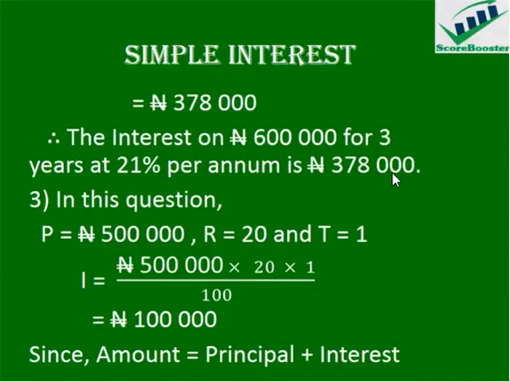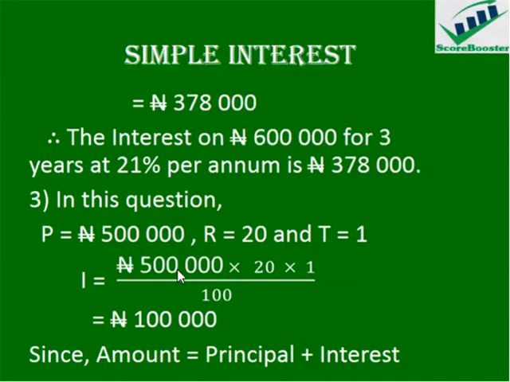So from the question, we collected 500,000 naira. That means the principal is 500,000 at an interest rate of 20%. R is 20, and at the end of the year means at the end of that particular year that I collected that money. So the money is going to use just a year with him. If you interpret the question very well, what amount will he pay back at the end of the year, which means at the end of that year, he's going to use a single year, and then our time is 1.